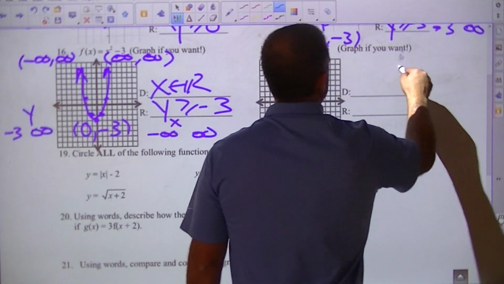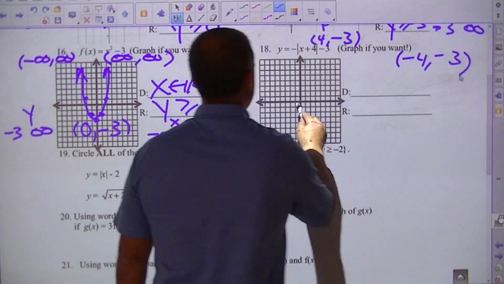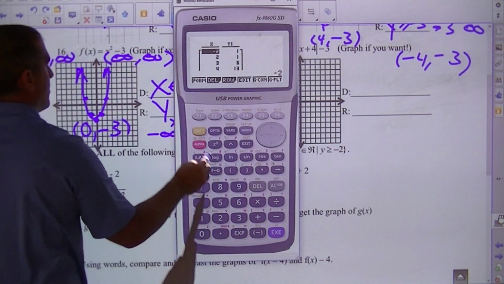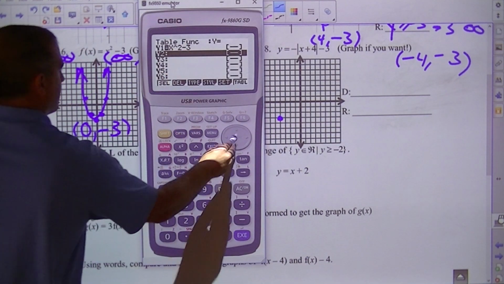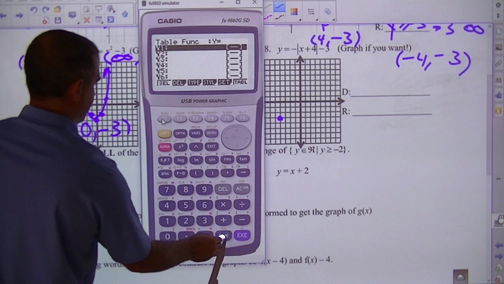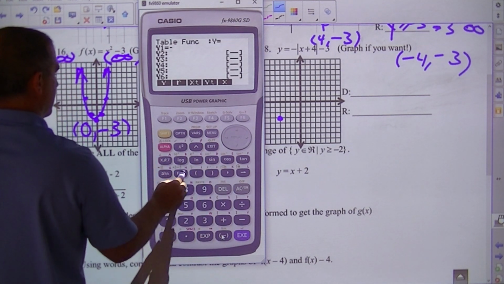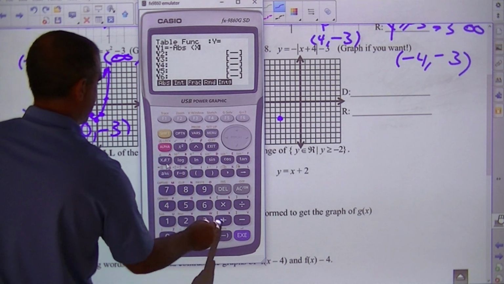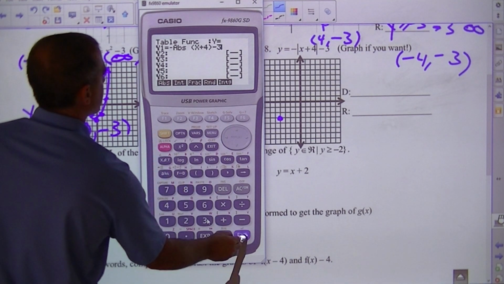This one, my anchor point is negative 4, negative 3. 1, 2, 3, 4, 1, 2, and 3. Then I go into the calculator. Option num ABS, x plus 4 minus 3.